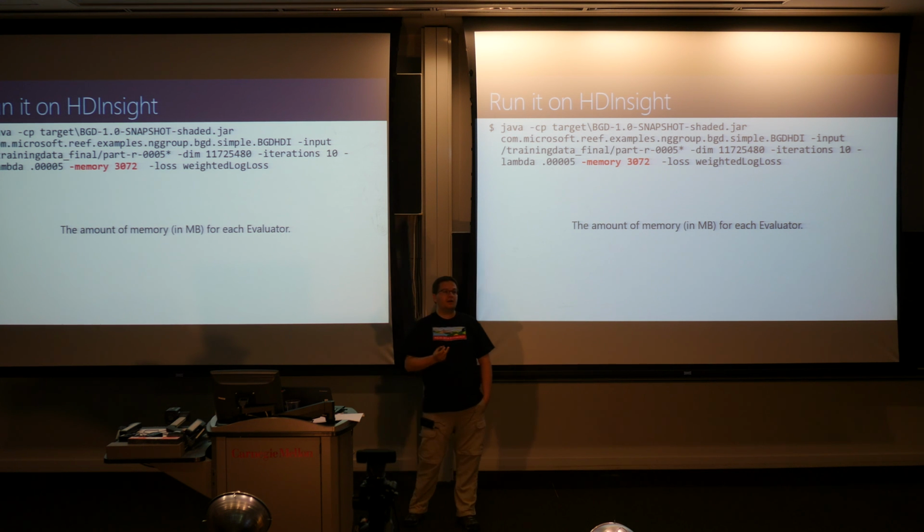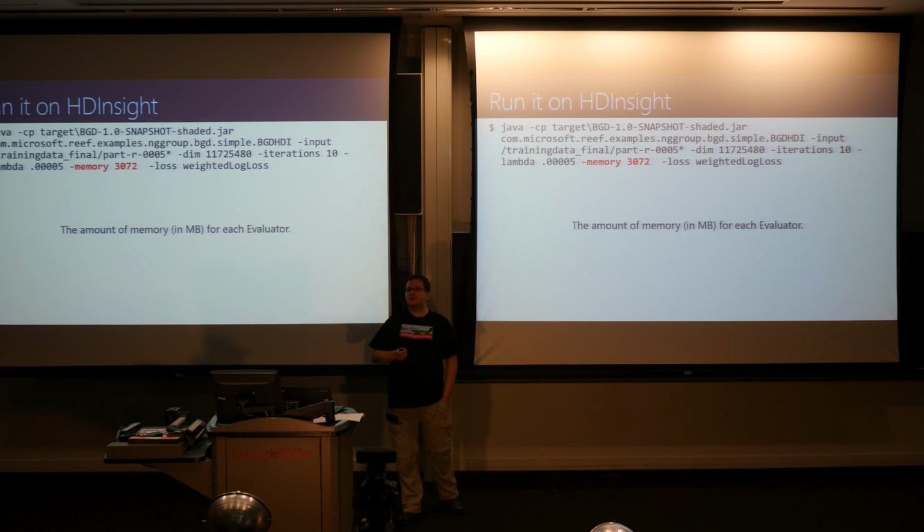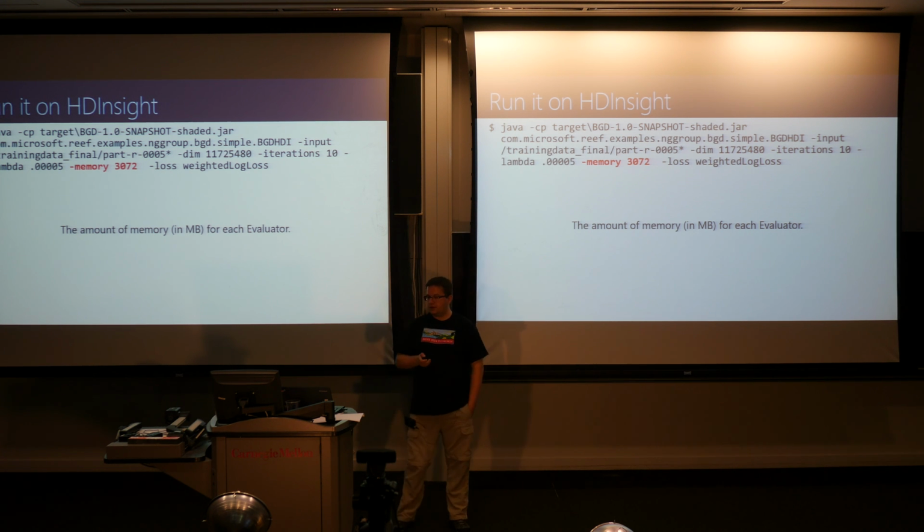So 3 gigabytes is the happy medium where we can get 2 containers per machine and we can max out the cluster. And of course, we conveniently sized the files such that each of those fits into a 3 gigabyte container. I think there are 2-point-something gigabytes on disk, each of the files.